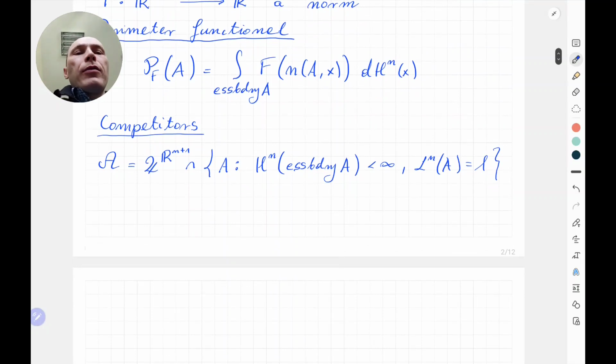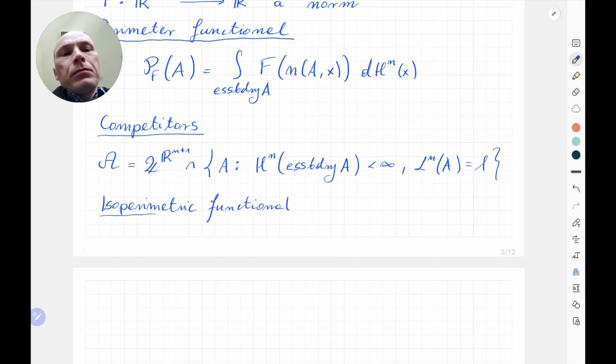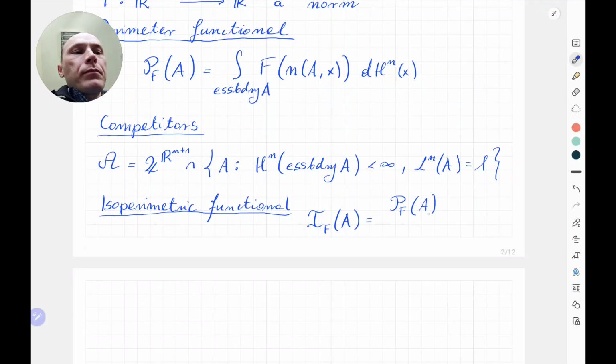And now we can define the isoperimetric functional. Call it I_F. This will be the ratio of the perimeter to the Lebesgue measure. Of course, this has to scale in a proper way, so we have to raise it to some power.